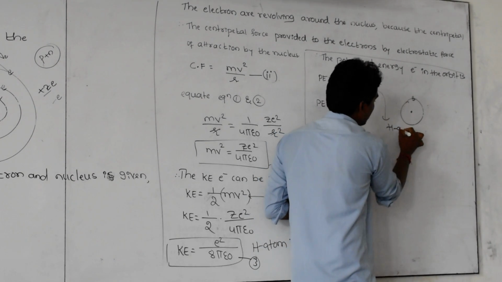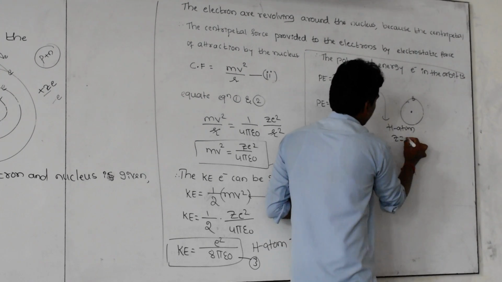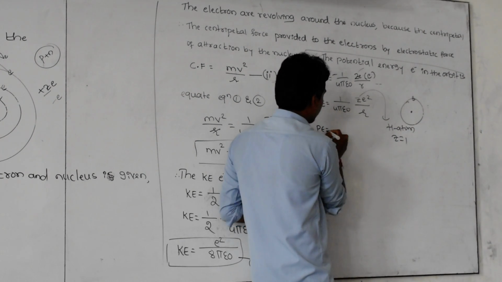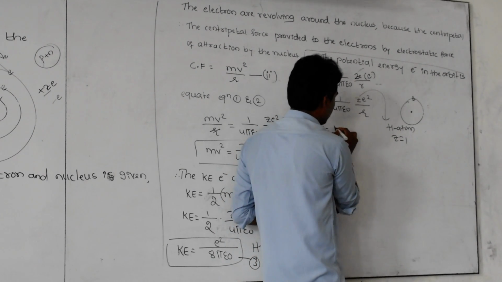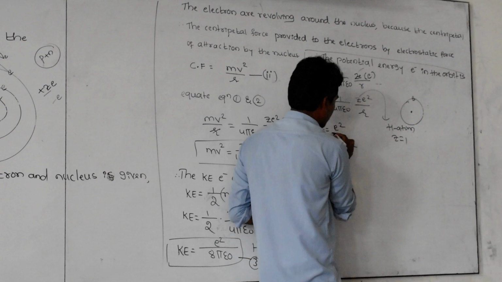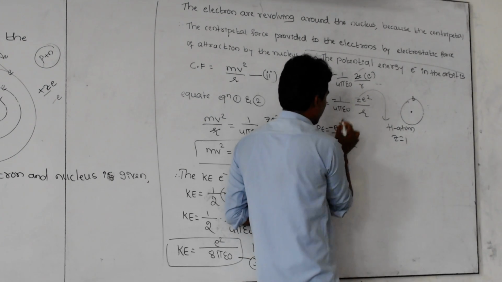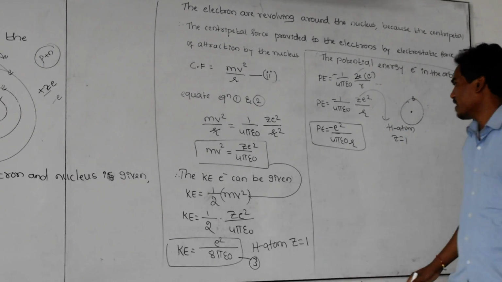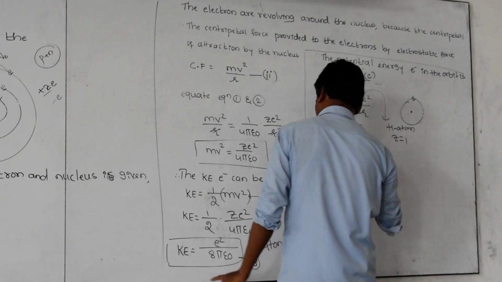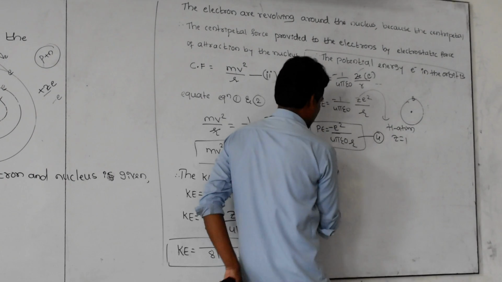Substitute, potential energy becomes 1 by 4 pi epsilon naught, again E square divided by R. And I am taking it as a minus because each and every electron in its orbit has a negative potential energy, and therefore you calculated the kinetic energy as well as the potential energy.